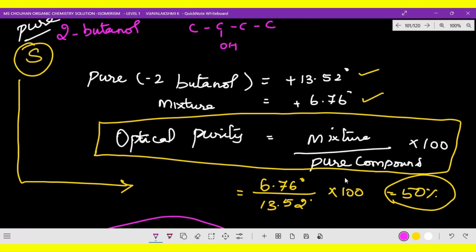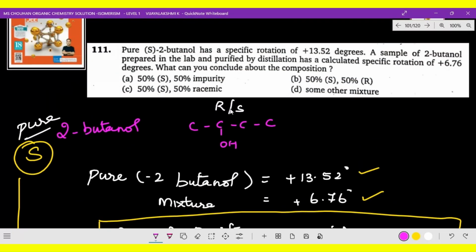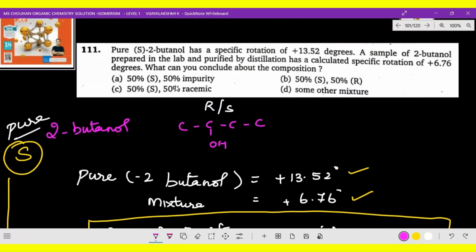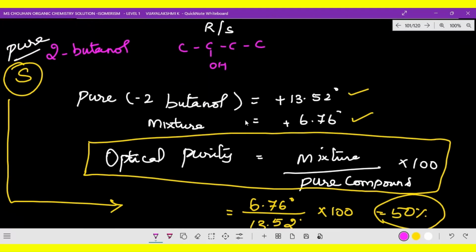Now which is the correct option given here? 50 percent S and 50 percent impurity, 50 percent S and 50 percent R: this will not be applicable, because R is only 25 percent. The same way, 50 percent S and 50 percent racemic mixture will not be applicable, as it will not be 50 percent racemic mixture.